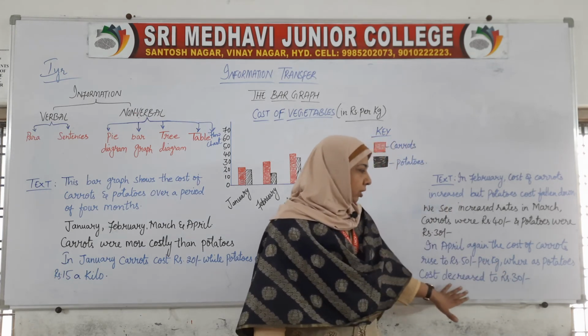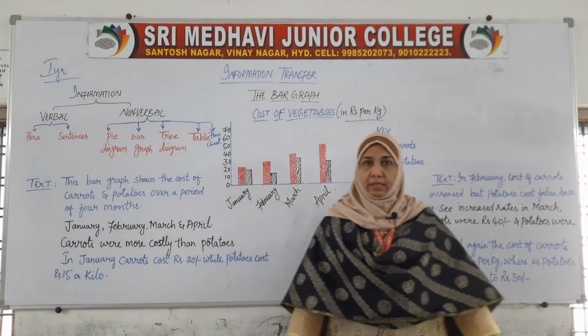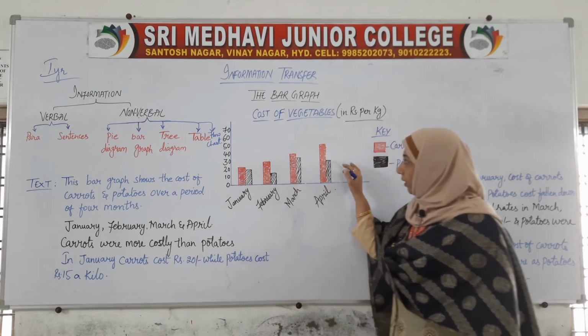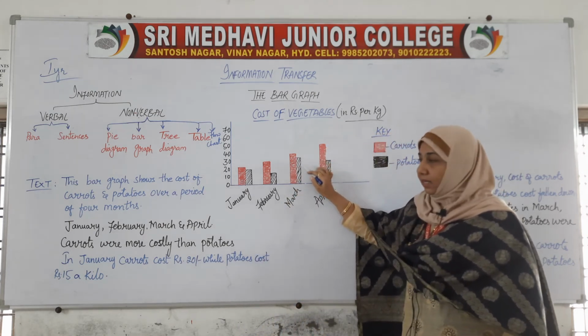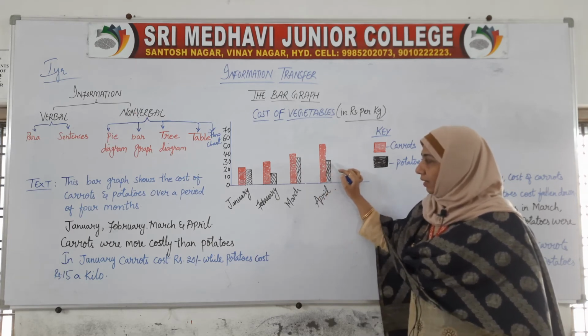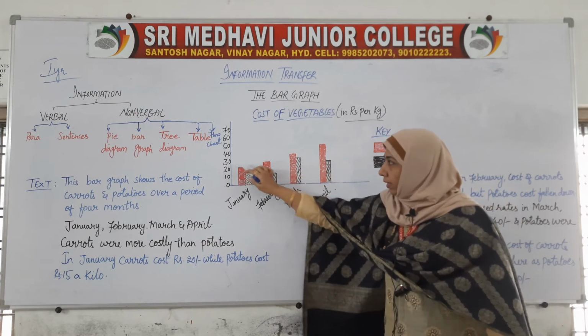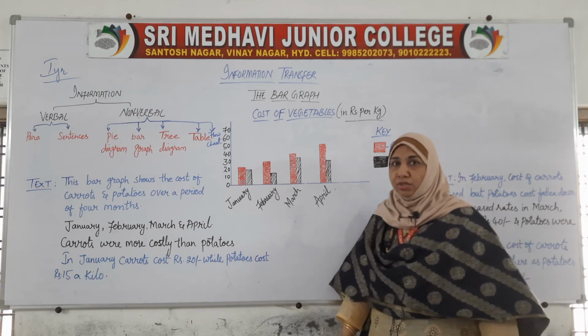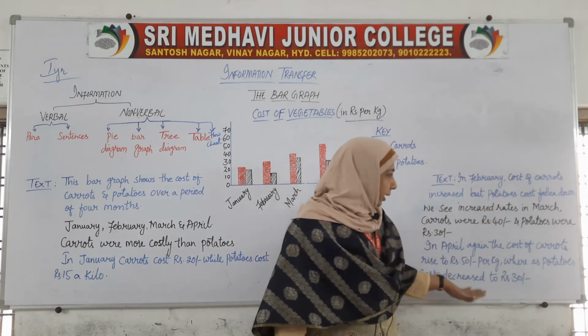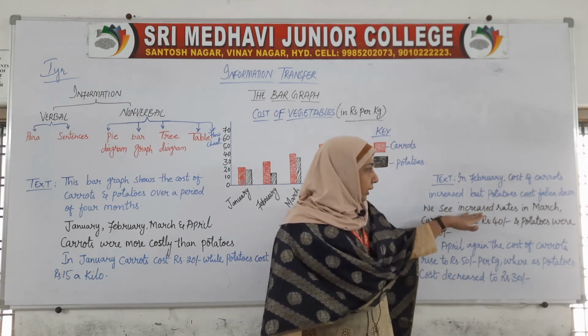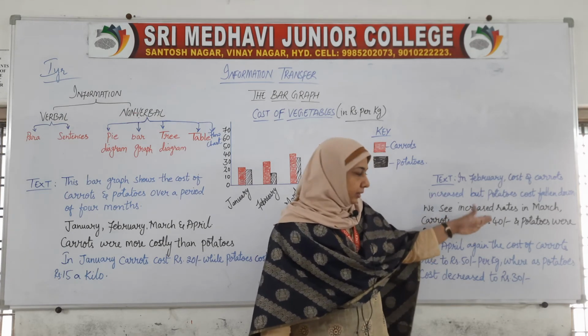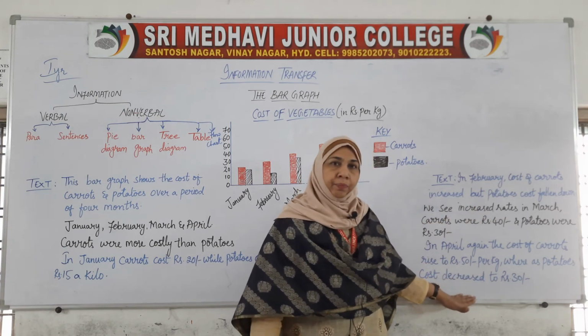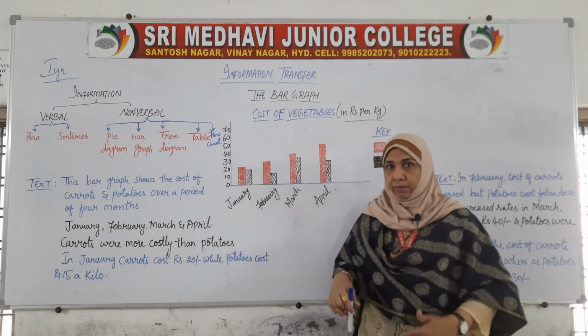Whereas the potato cost decreased to rupees 30. What happened to potatoes? They increased in March but decreased in April, going back to 30. Instead of going upward, they increased in only one month, whereas in the next month the cost fell down again.